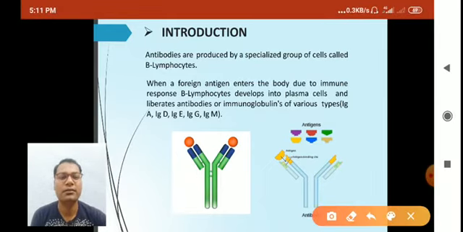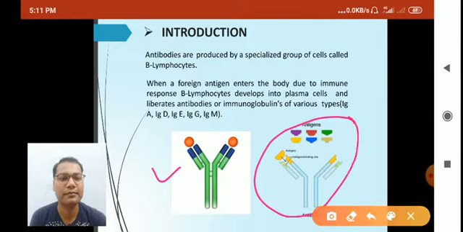This is the structure of immunoglobulin. Here these are the antigen binding sites.